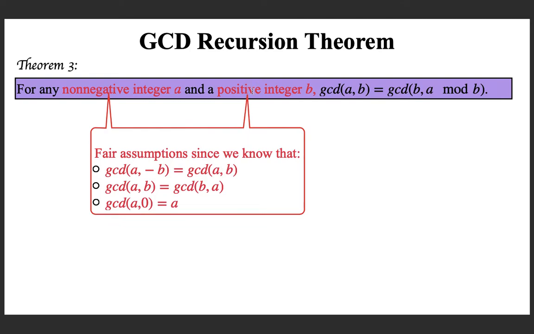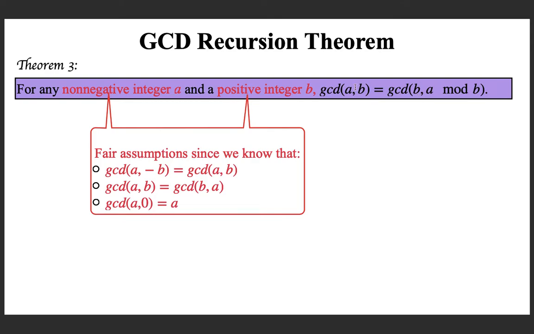And the second assumption is that B is a positive integer, meaning it's not 0. We are not interested in 0 because we also know from the previous lecture that the GCD of A and 0 is A itself. That is what we saw in the last lecture. It is easy to verify this from the definition also.